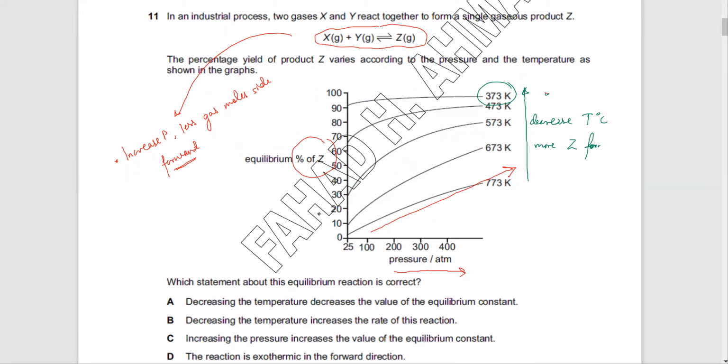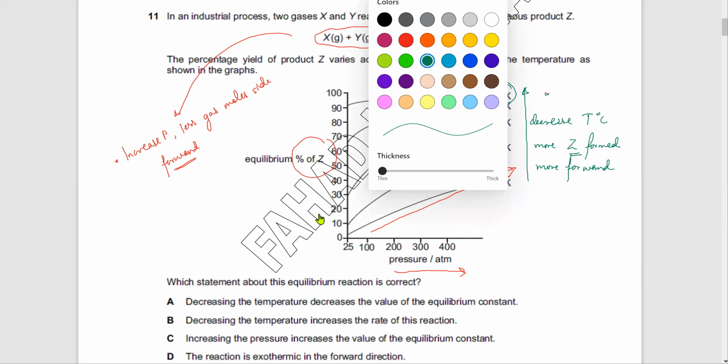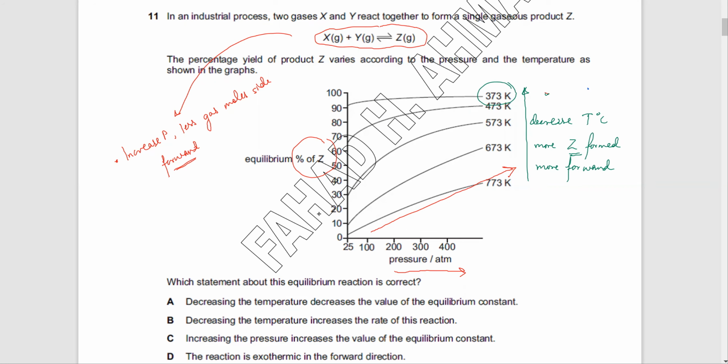That's the other information that we can derive from the graph. More Z is formed, more forward reaction is going to happen. Whenever you decrease temperature, which reaction is favored? It's always the exothermic reaction that's going to be favored. So that means the forward reaction is the exothermic reaction in this particular case.